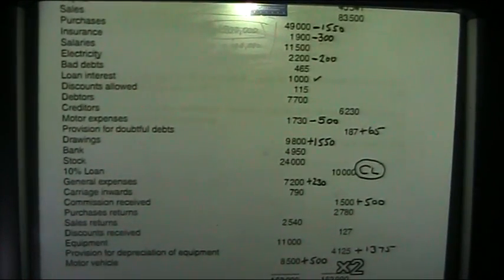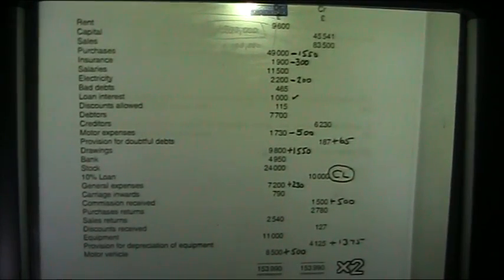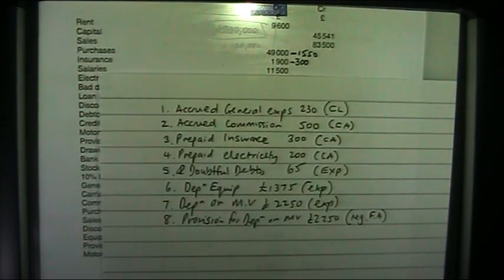There is our adjusted trial balance. That's us with all of our adjustments there. Okay, we're ready to do our profit and loss and balance sheet, and also we've got our adjustments to include. Okay, with that it would be hard to get this wrong. But then again, under pressure in an exam, it's never that easy. Okay, you need to get to the next video in a minute, and we'll start putting in the profit and loss and balance sheet now.